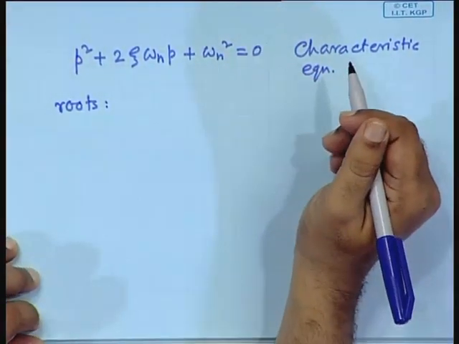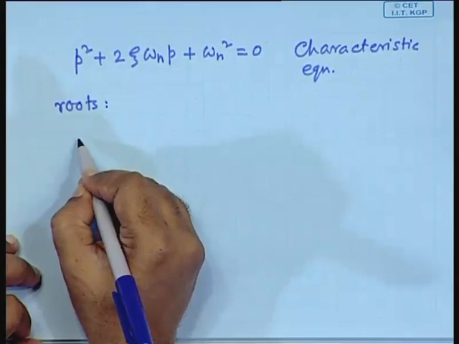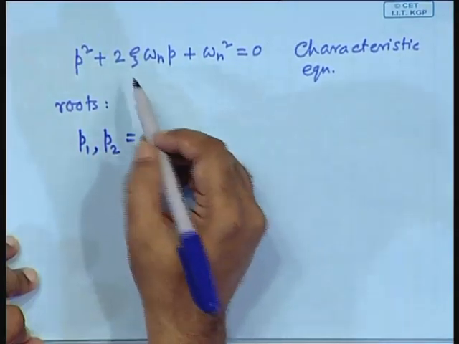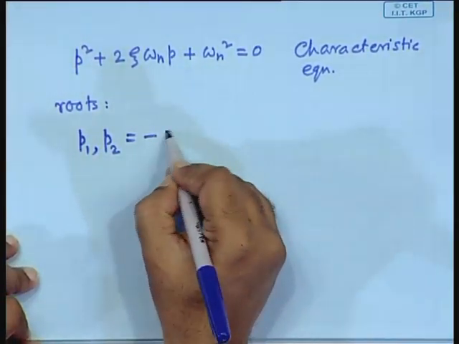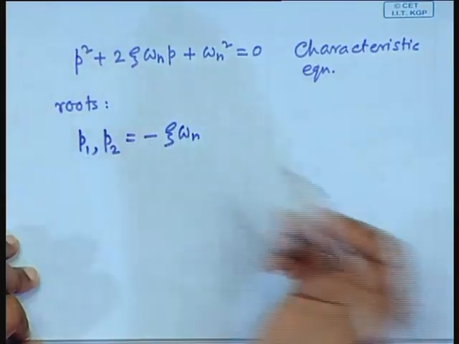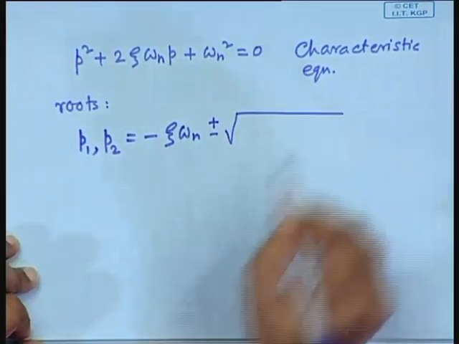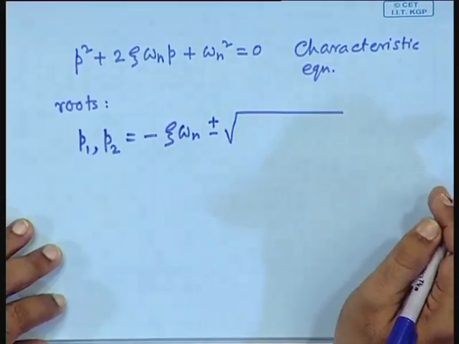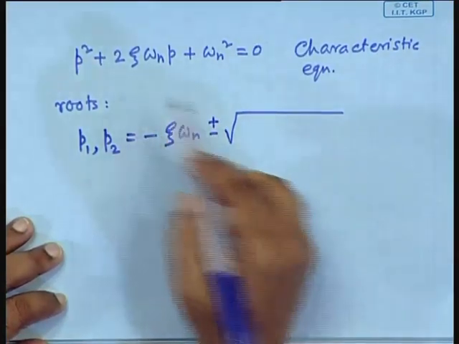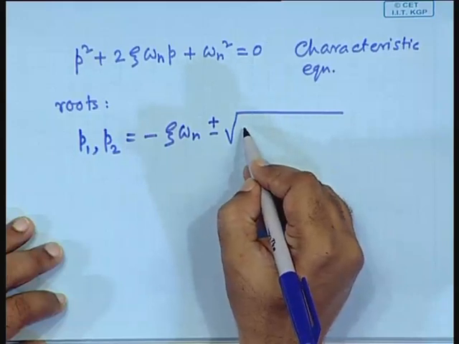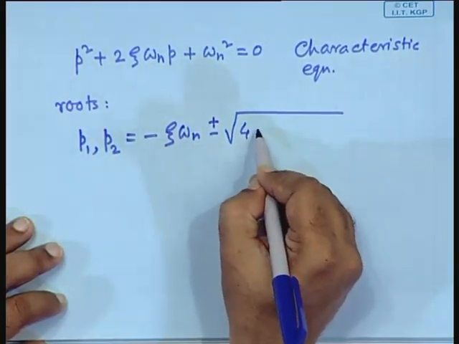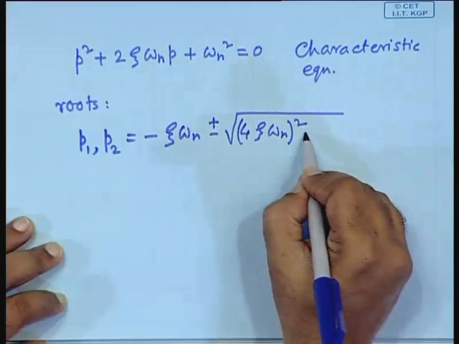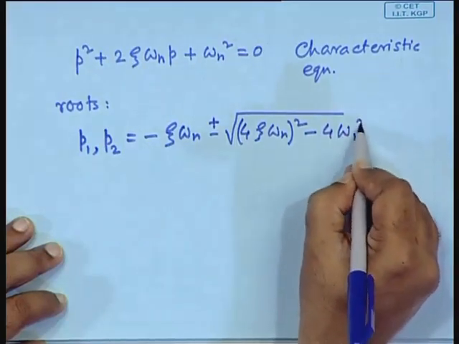Quadratic, so it is easy to obtain. P1 and P2 are minus zeta omega n plus minus root over 4 zeta omega n square minus 4 omega n square.